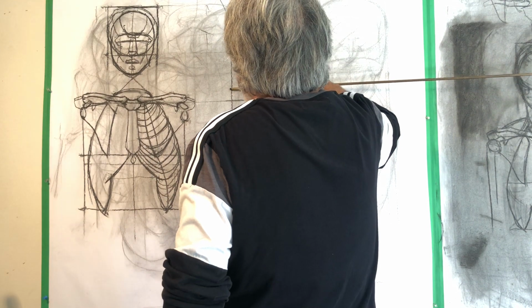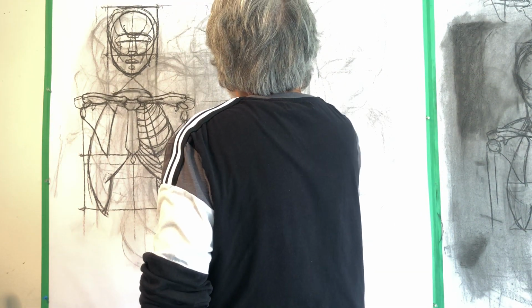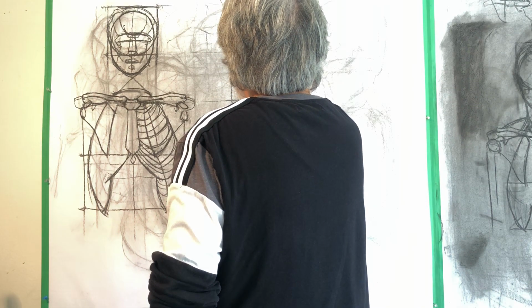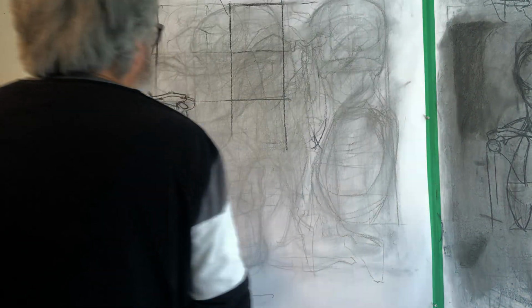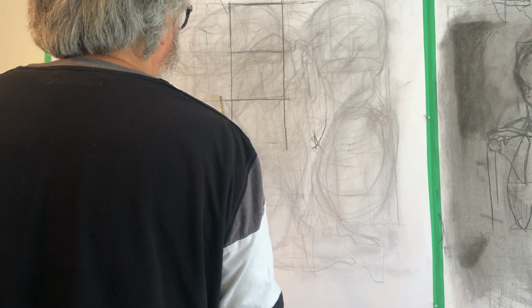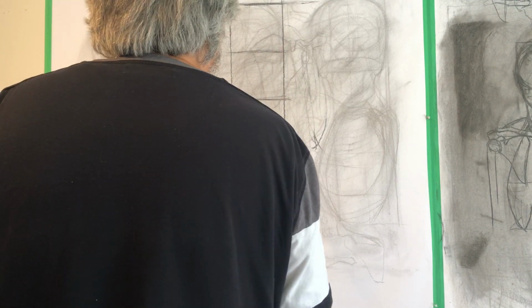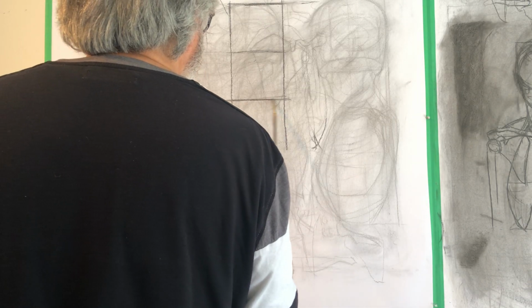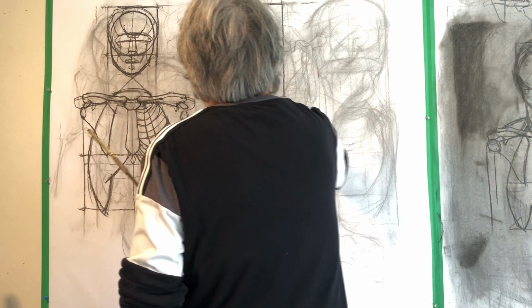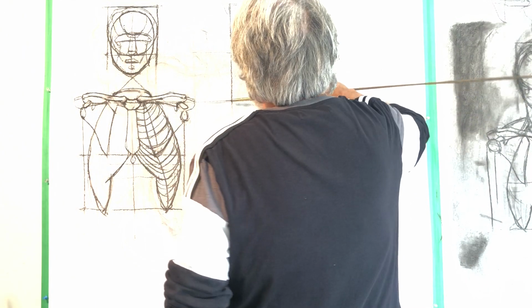I'm just going to take a quick check, see if I'm close. Uh-oh, something's off a little bit. Okay, it's close. If you get them close, that's what you want. Make one more check.